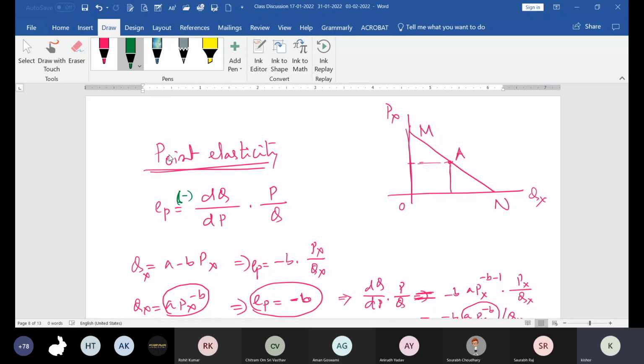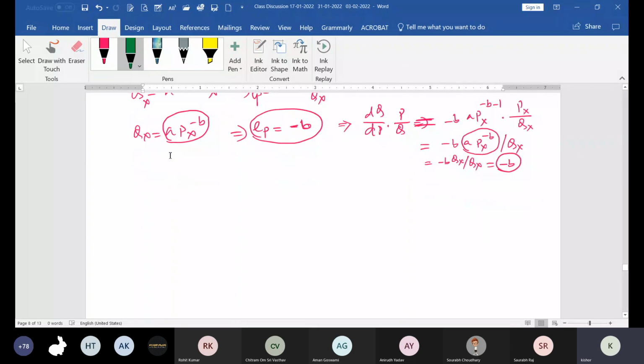So finally you may find that elasticity is a negative value, and you are making it a positive value. Some books do this. But in most cases, you can do the usual calculation, and later on you can express it. Even if you express it in a negative way, no problem.